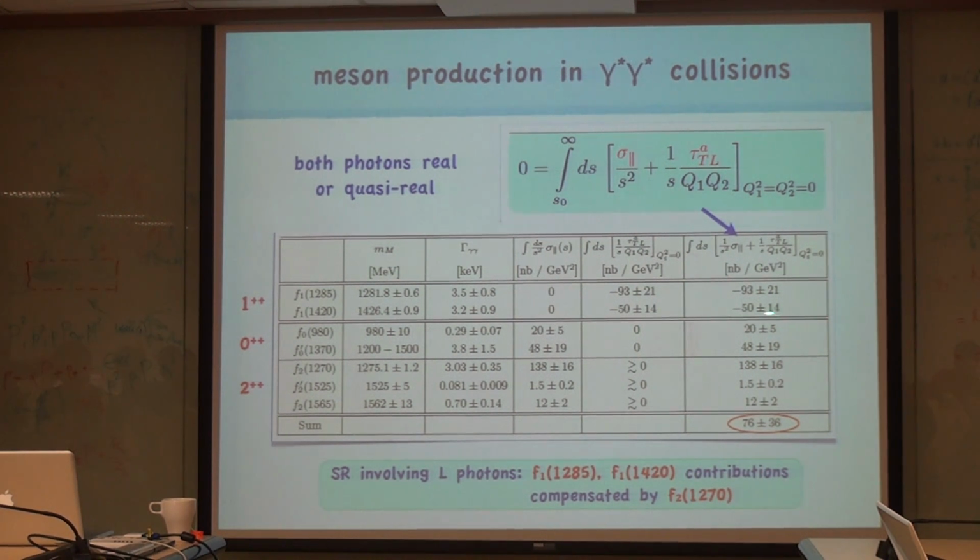If you evaluate the sum rule, and if you look at scalar and tensor mesons, which contribute then to the other, so you see here this is one term, so they are 0, and here you have these negative numbers, and the other term, so here they are non-zero, so positive, and here these are basically 0. So you get that this negative number and this positive number, which you get from scalar and tensor mesons, again compensate.